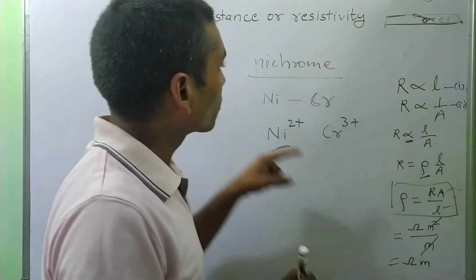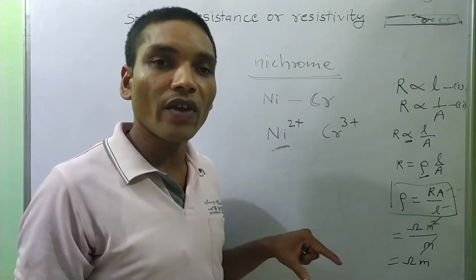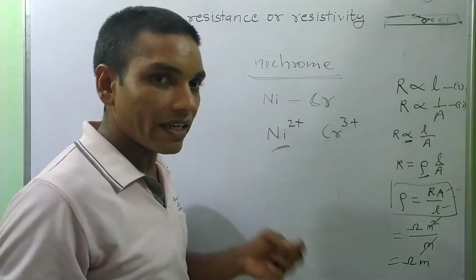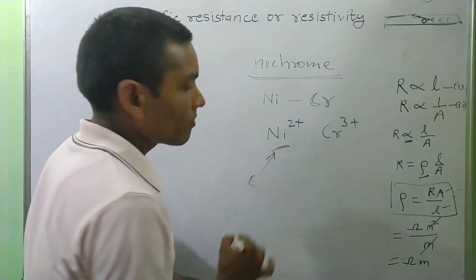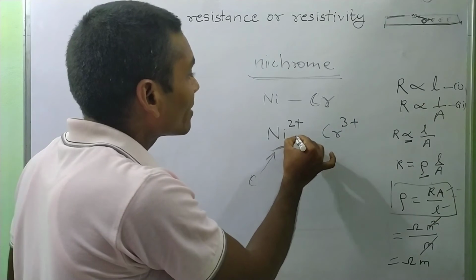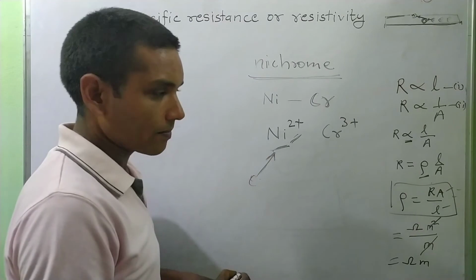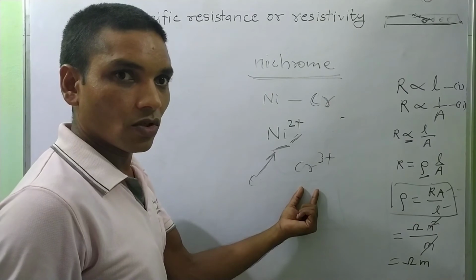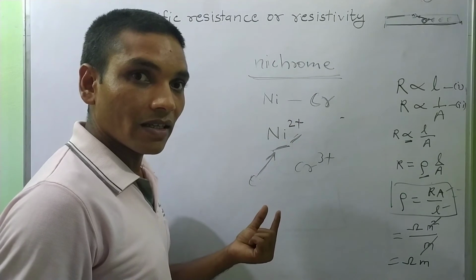Through this alloy, electrons are moving. The electron will come toward the nichrome ion due to the electrostatic force exerted by it, so it will move along this direction. Here chromium is also there, and the charge of chromium is more than that of nickel.